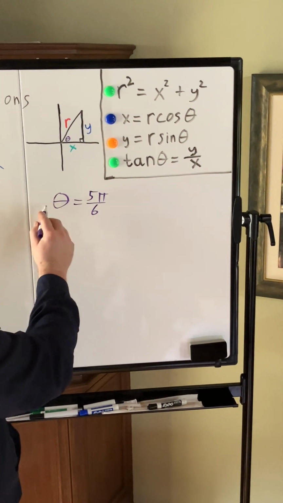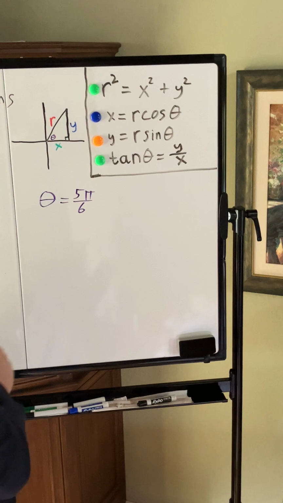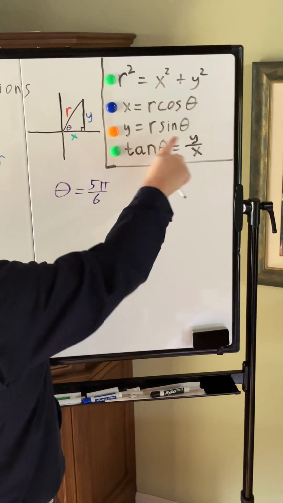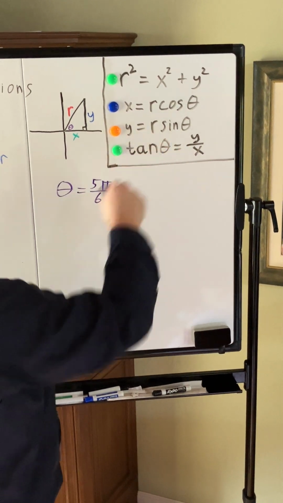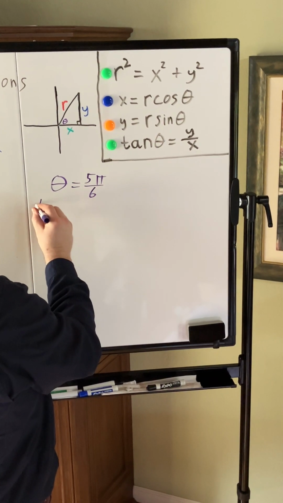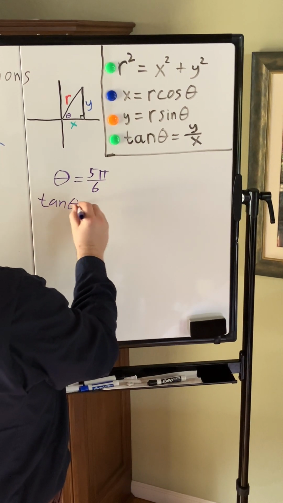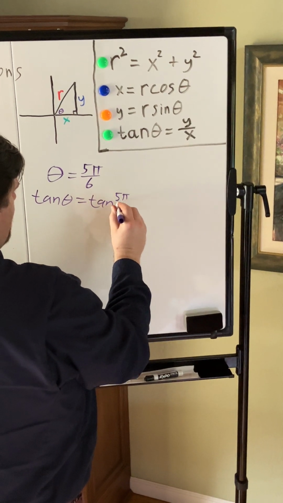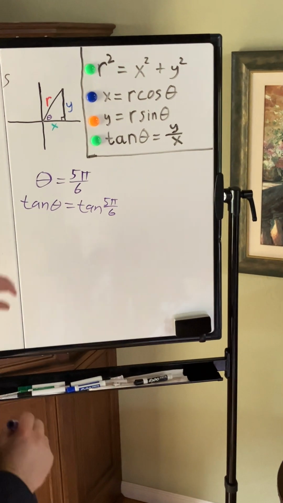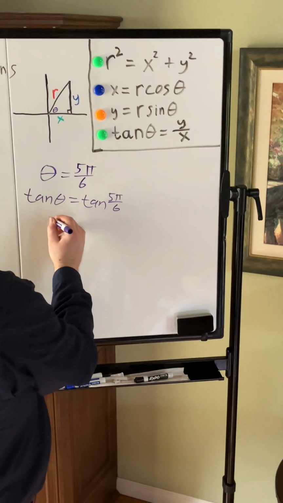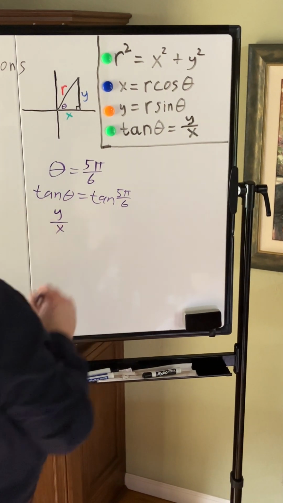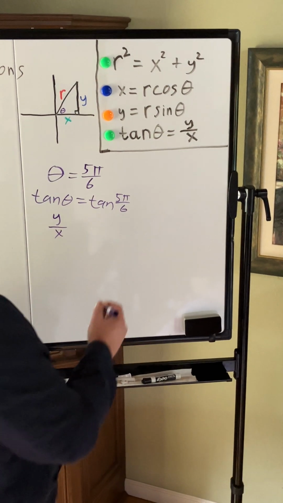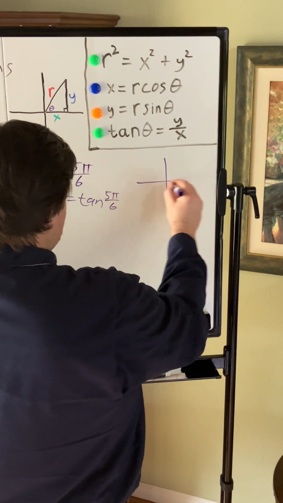We're going to start off by taking the tangent of both sides, and that should make some sense because then that's going to give us a polar to rectangular conversion. So I'm going to have tangent of theta equals the tangent of 5 pi over 6. Over here, I can now just make that y over x. And over here, we want to actually find the tangent of 5 pi over 6. I'm just going to quickly do that.